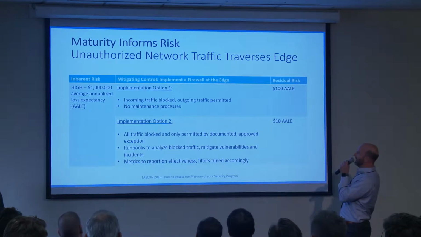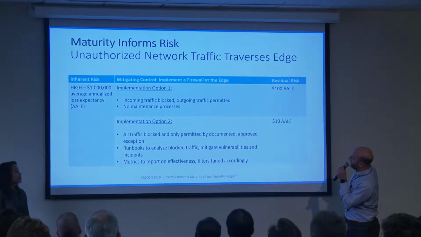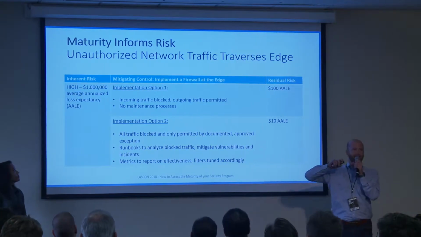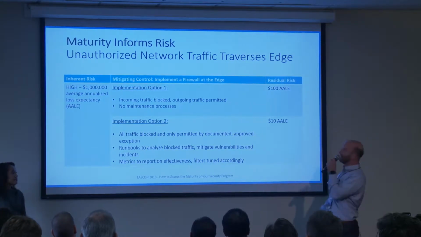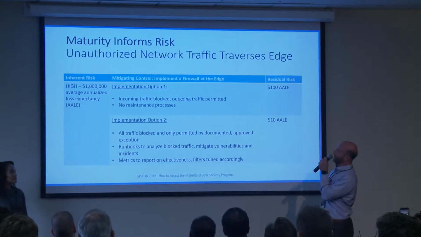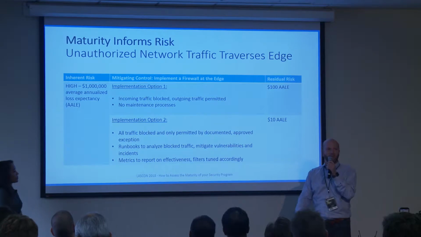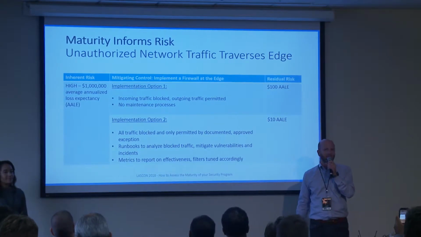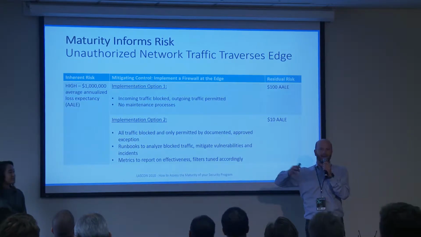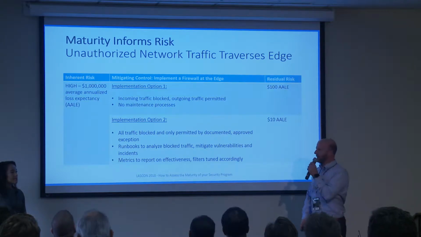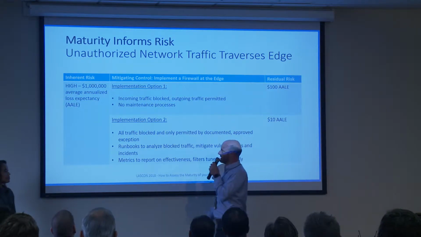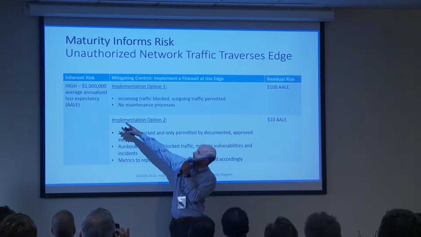So I have an example here. Let's look at a risk assessment where the scenario is that unauthorized network traffic might traverse my company network's edge between the internet and the internal network. If I don't mitigate this risk at all, that's a pretty high risk.